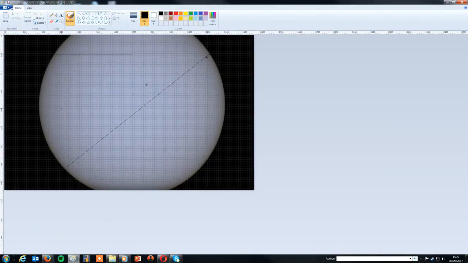Just a right angle triangle. So knowing roughly the time it took to cross this position here, if I work out the length of this, then that would give me the time and the distance covered.